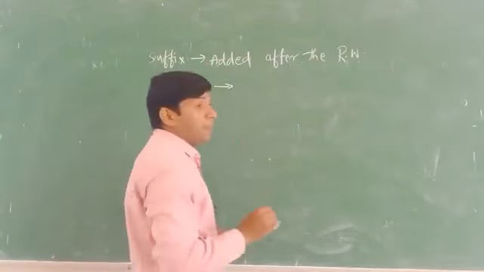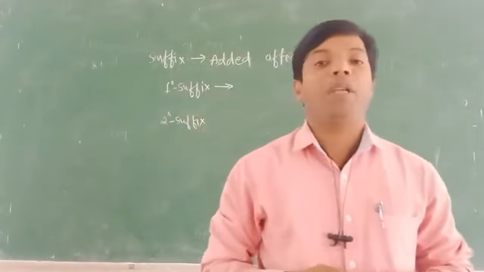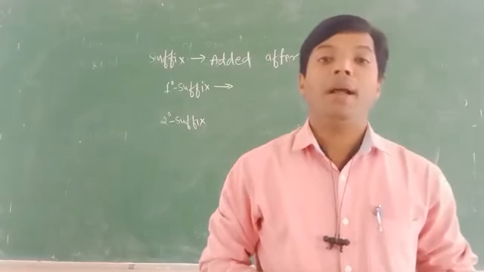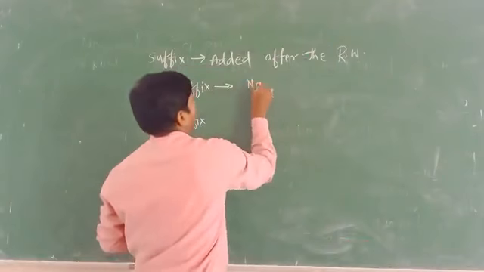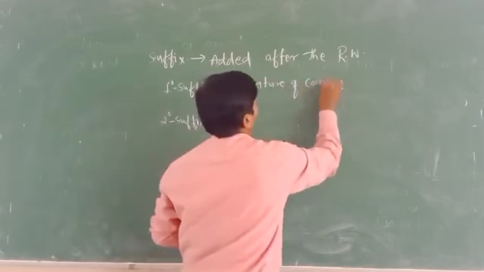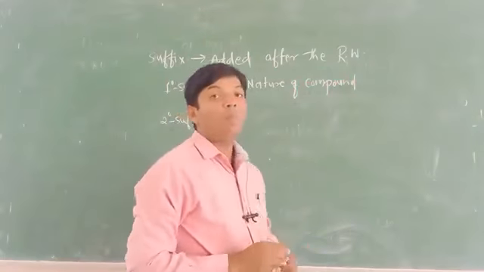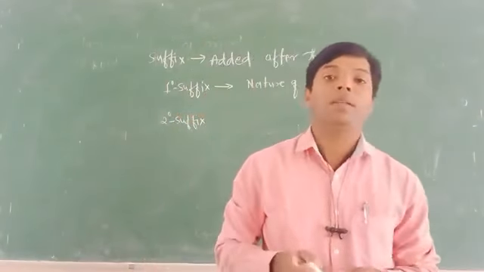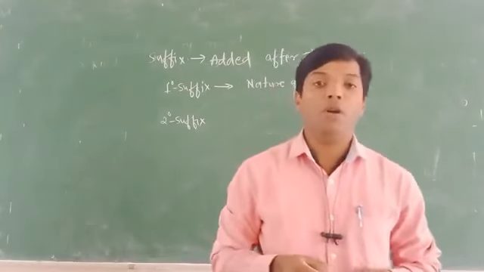Then what is the role of the primary suffix in the IUPAC system? The primary suffix gives an idea regarding the nature of the compound. Nature means whether the compound has a carbon-carbon single bond, a carbon-carbon double bond, or a carbon-carbon triple bond.